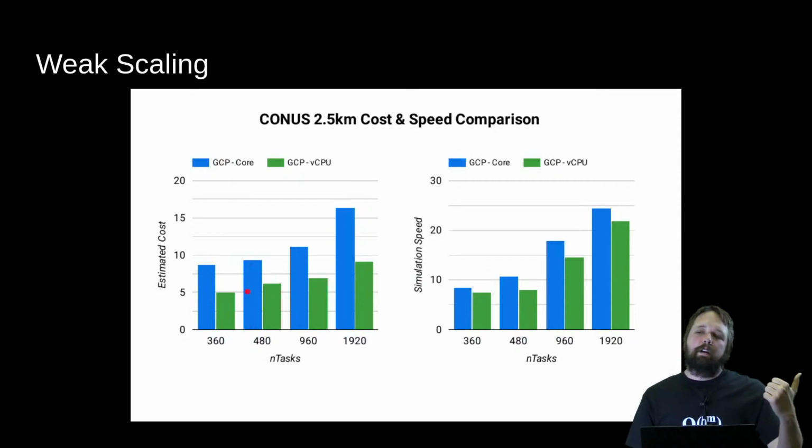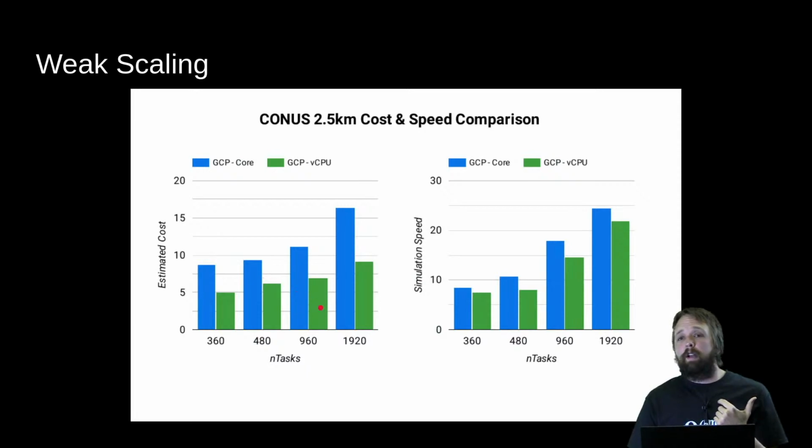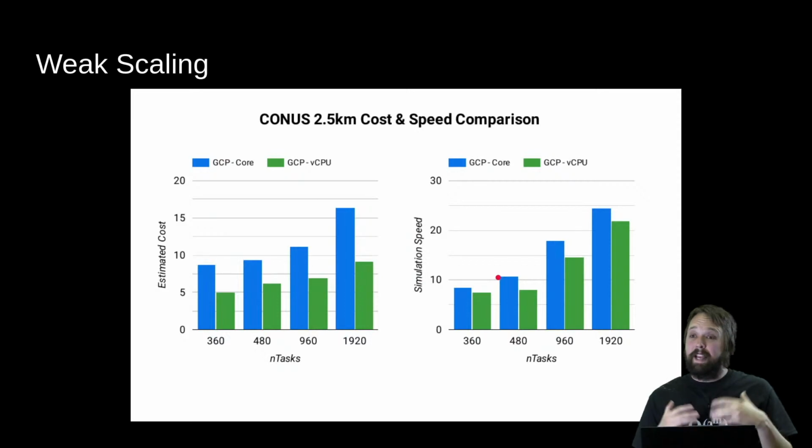And this goes back to what I was showing in that table a couple slides ago: if I have the extra nodes and my problem is big enough so I can expose the parallelism, it's definitely more cost effective just to go ahead and use those vCPUs and use those hyperthreads there. And you'll get the answer back not only faster, because if you compare the green 960 over here for the simulation speed and the blue for 480, they're using the same amount of resources, I can get the solution back faster and cheaper if I have enough parallelism to expose.